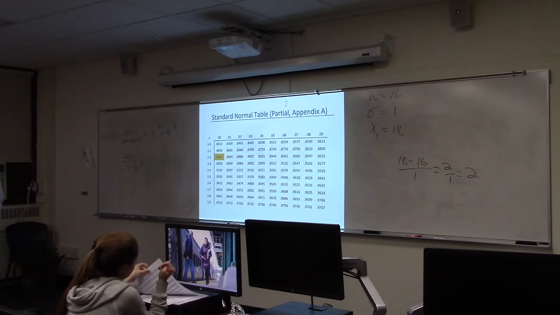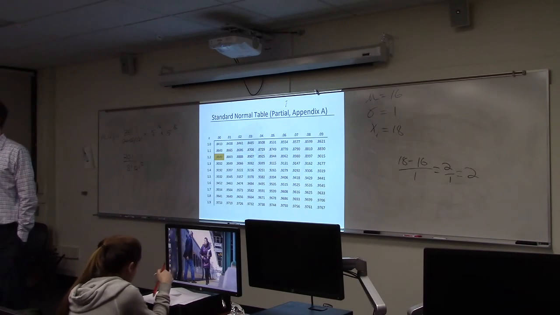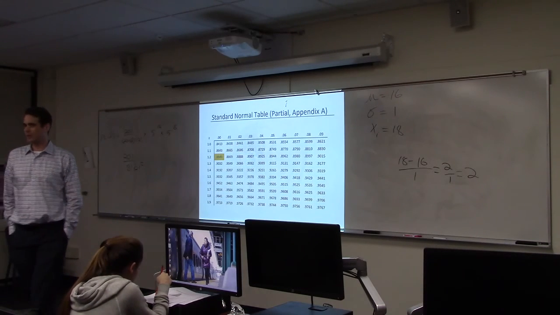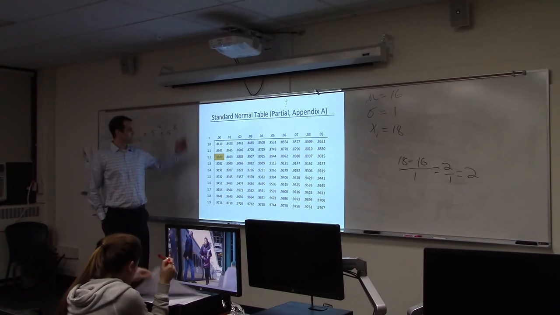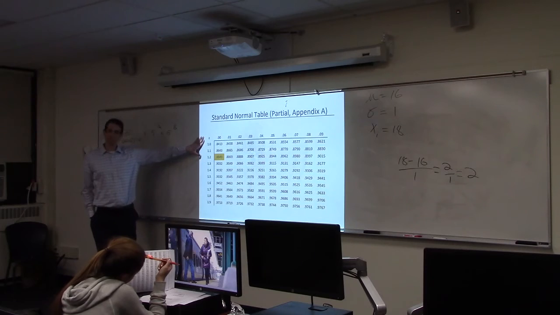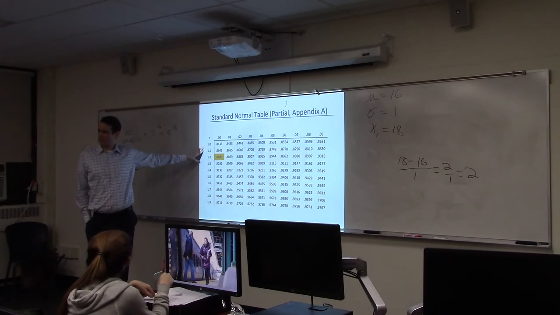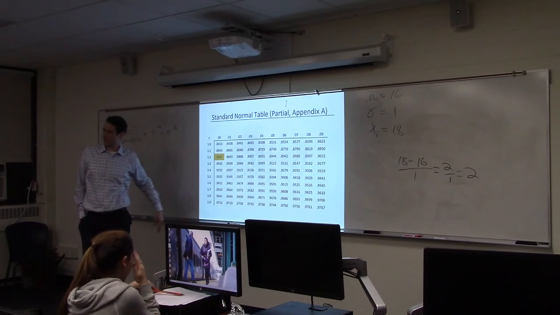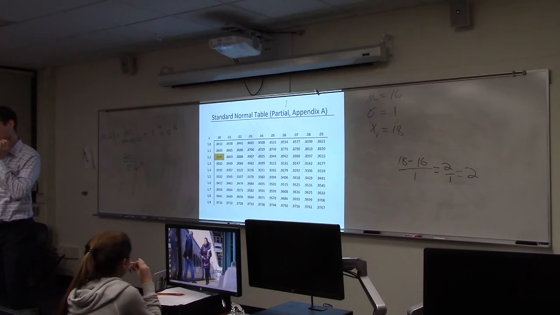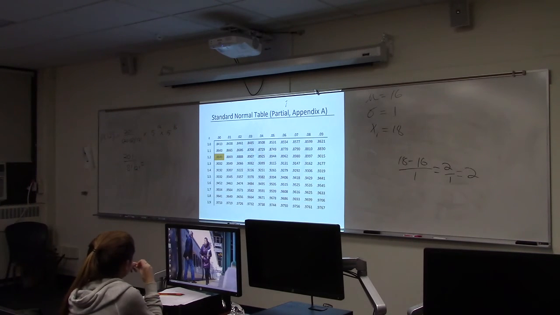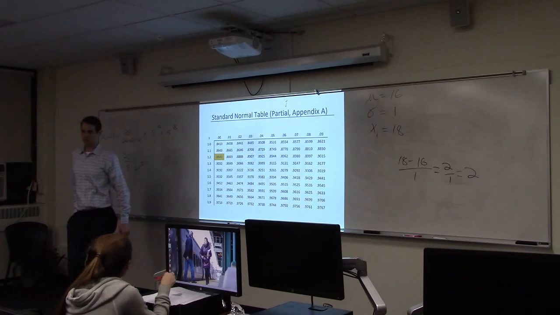So if I were to ask what's the probability of having a z-score of 1.2, you would flip back to the z-table in the back of your book and look at how it works. If you have your book with you, maybe you can open to the z-table. If you don't, just look at the back of the slides. Either one is fine.